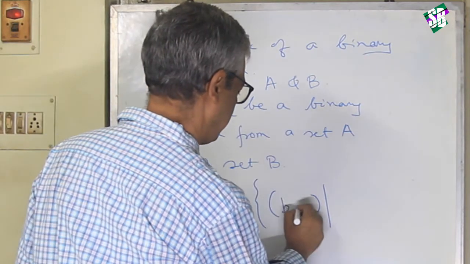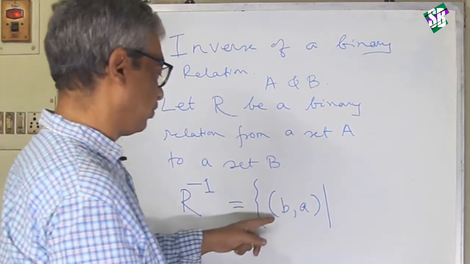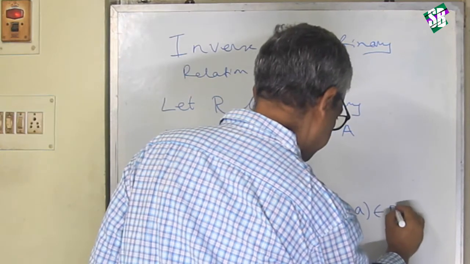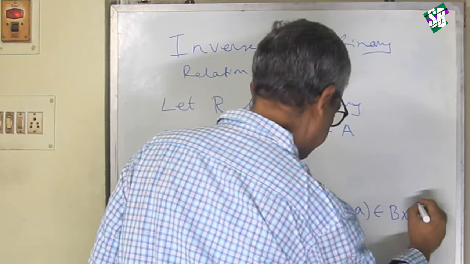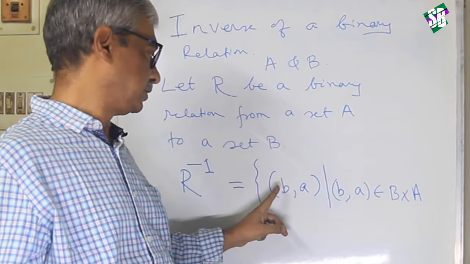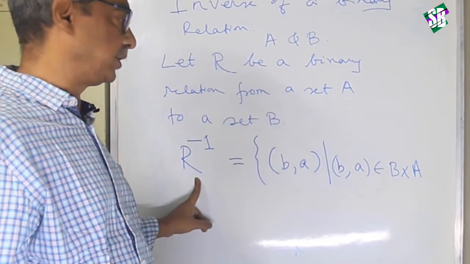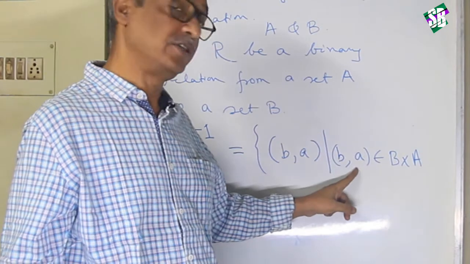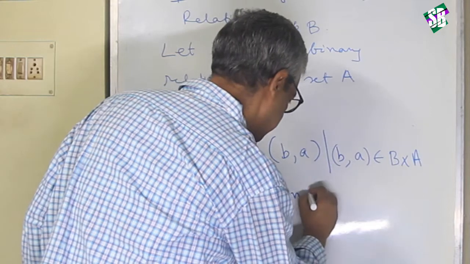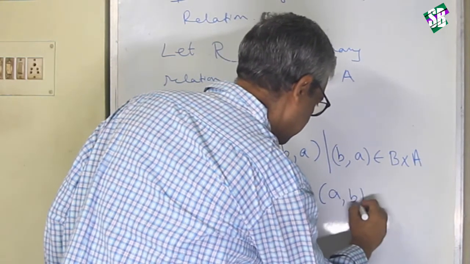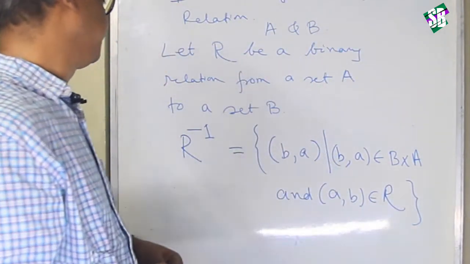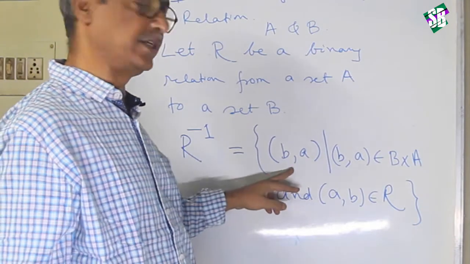Okay, so where does (b, a) come from? (b, a) comes from the B cross A set. So this is the first condition about the element of R power minus 1. But there is one more condition, and (a, b) belongs to R. Okay, so R inverse is this set.